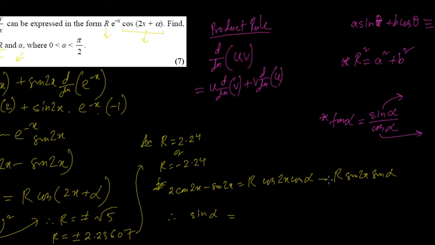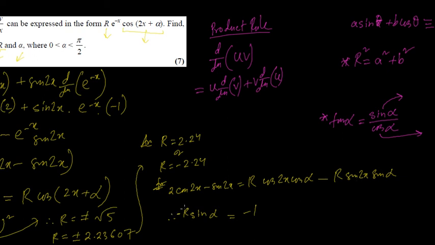Here you have sine 2x. This is very, very important. If you compare sine 2x on the left side, you have minus r sine alpha.